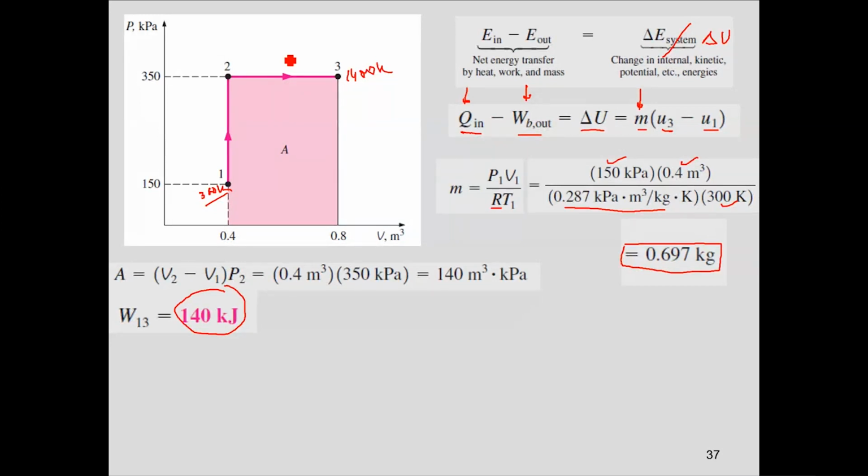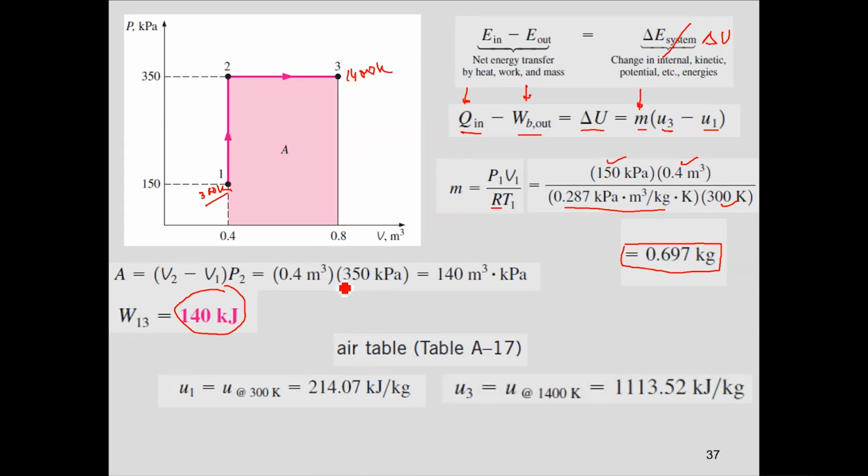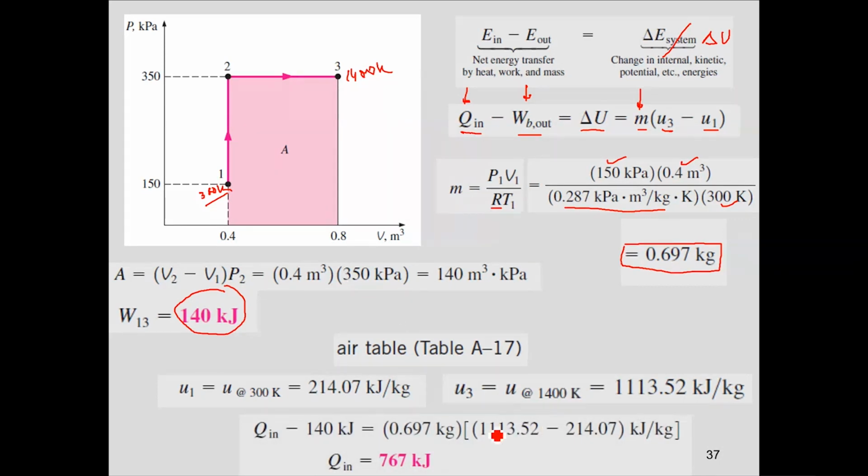Air is an ideal gas, and the easiest thing is to go to table A17 for air, and you can find that for air, U at 300 Kelvin is 2134.07, and for 1400 it is 1113.52. You just have to plug in the values, and this would give you the total heat being supplied to the system. Clear enough?